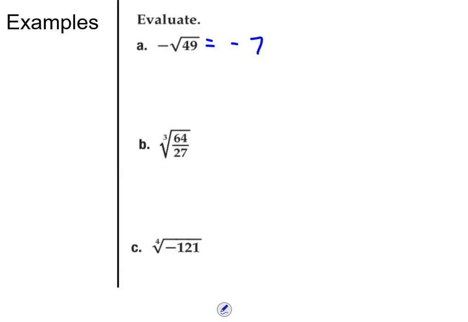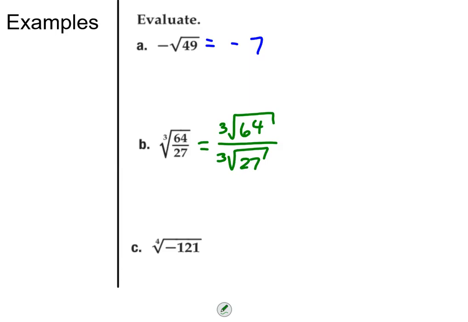This gets ramped up quite a bit, going to a third root. What I would do here is use a property, and we'll actually be reviewing it later. We can split these up into the cube root of 64 and the cube root of 27.